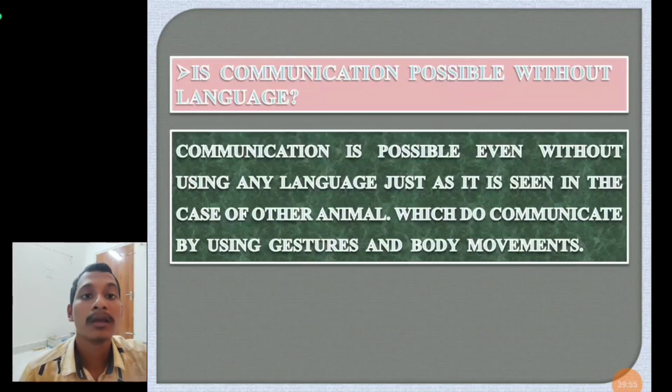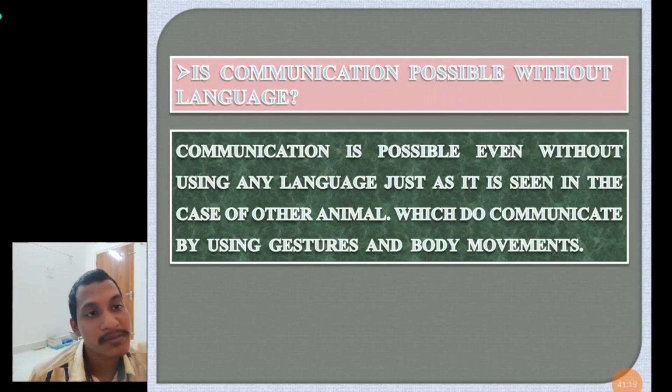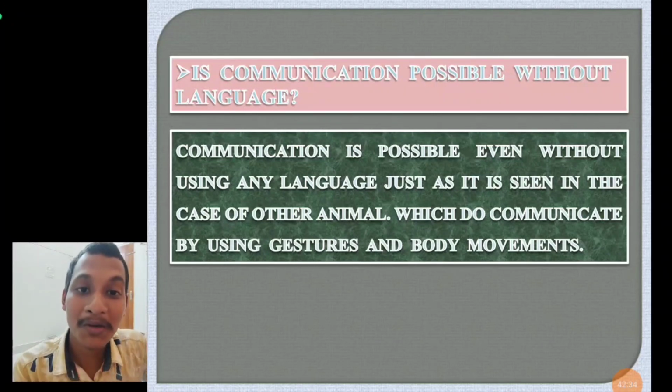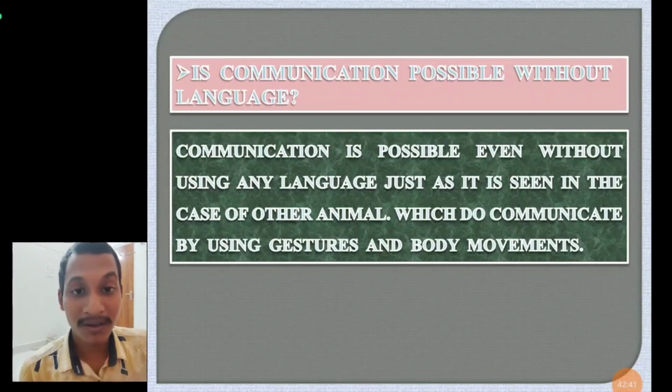Now, is communication possible without language? The answer is it's possible. Communication is possible even without using any language, just as it is seen in the case of other animals, which do communicate by using gestures and body movements. If a pet dog is hungry, he shows a different body language.